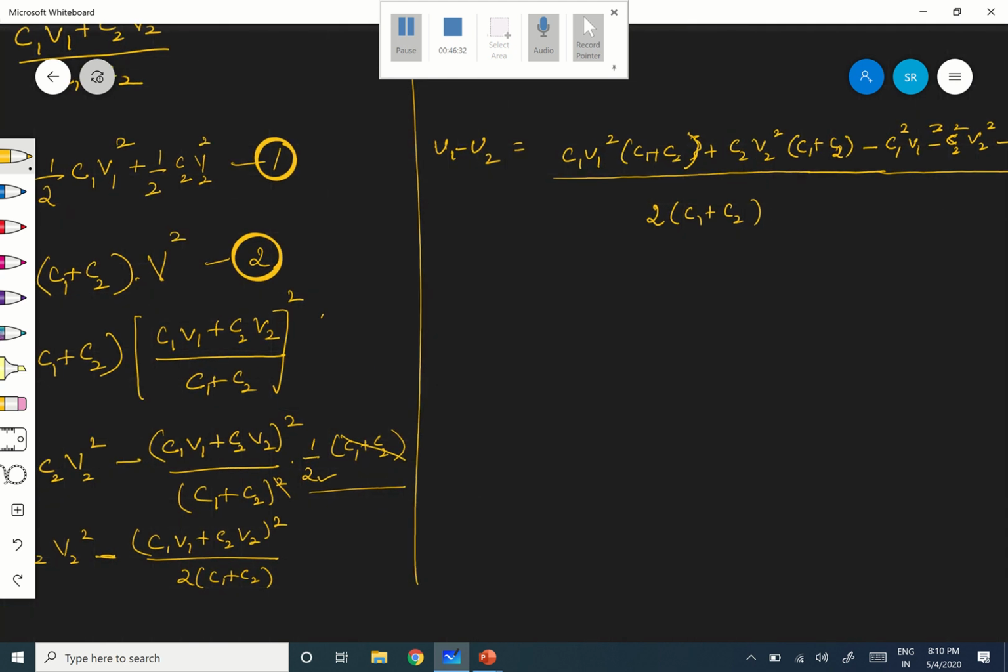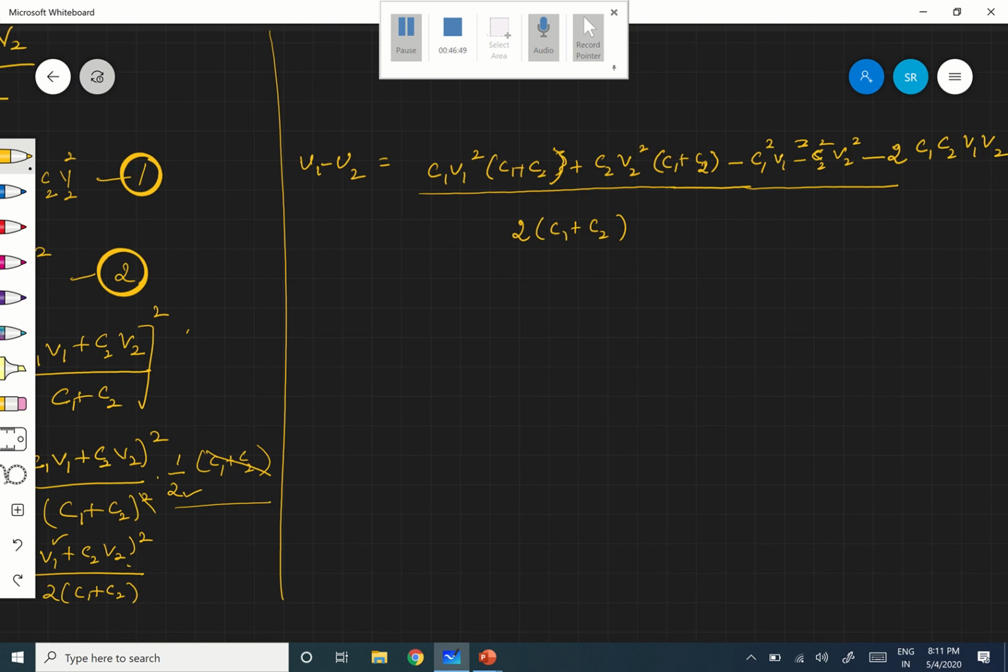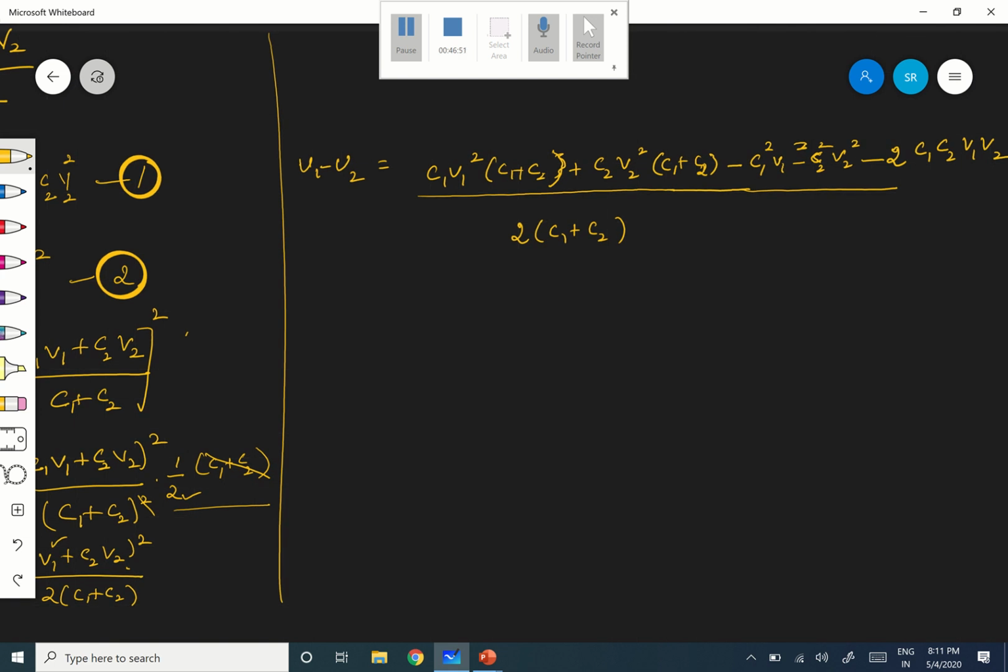Are you following? Okay, what is A plus B? C1 V1 plus C2 V2 the whole squared is nothing but C1 squared V1 squared plus C2 squared V2 squared plus 2 C1 C2 V1 V2. But the minus sign is outside, therefore everything here changes sign.